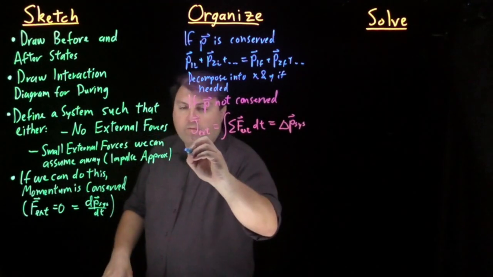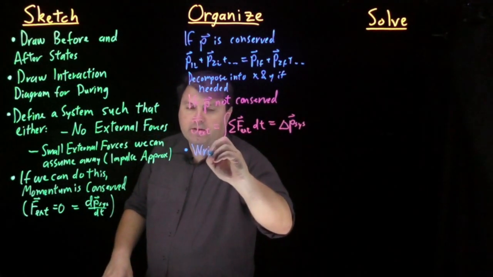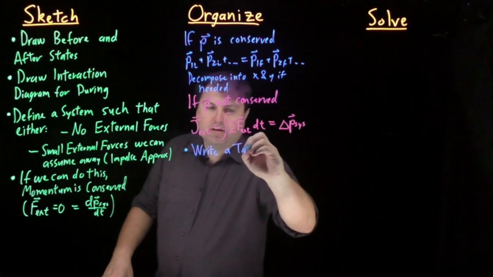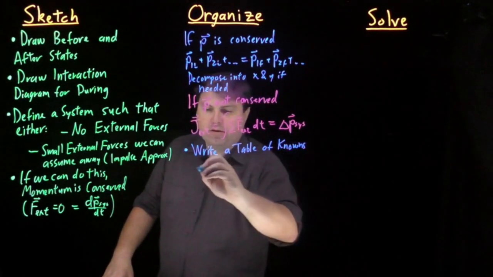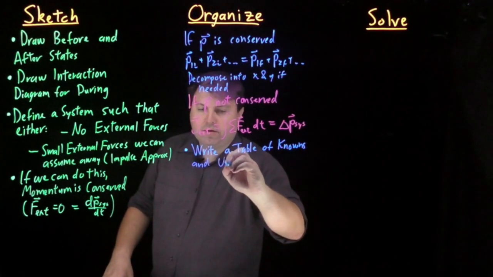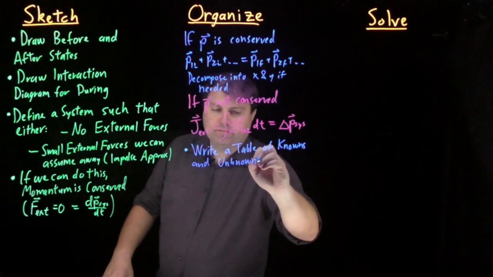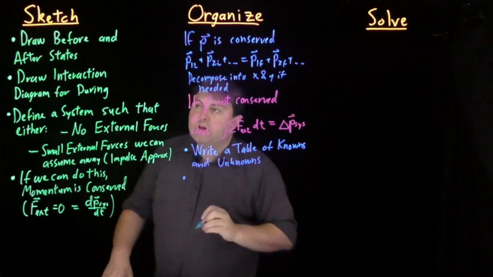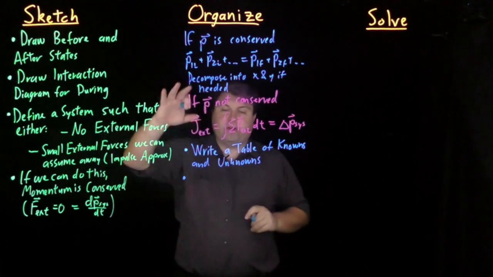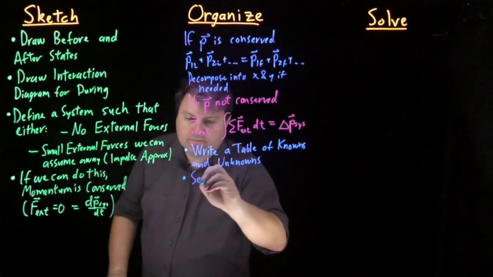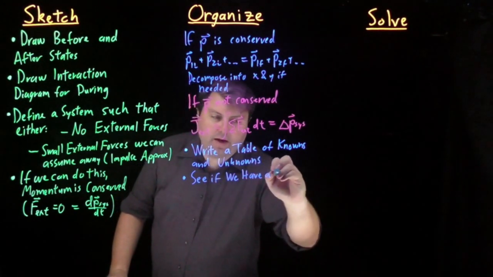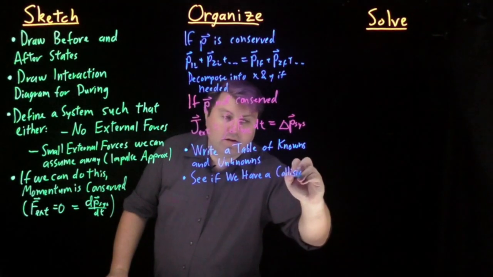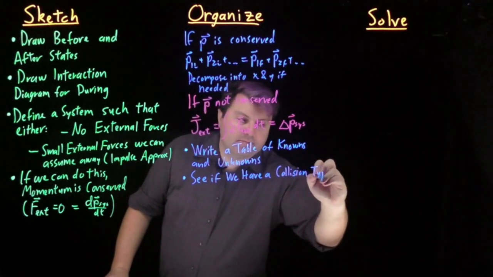And then as we're doing this, we want to write a table of knowns and unknowns. And as we're looking through the problem, we want to see if we have a collision type.